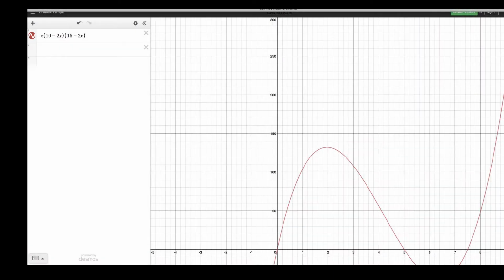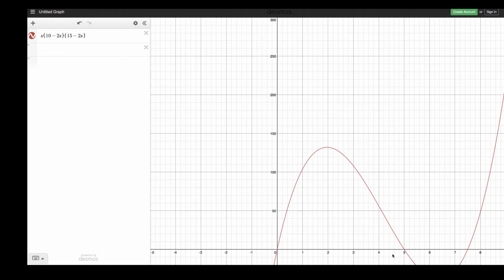All right, so you can see here that I graphed the function x times 10 minus 2x times 15 minus 2x. It is a cubic function or a polynomial function. And we don't really care about what's happening below the x-axis. We really only care about what's happening here from 0 to 5, right?